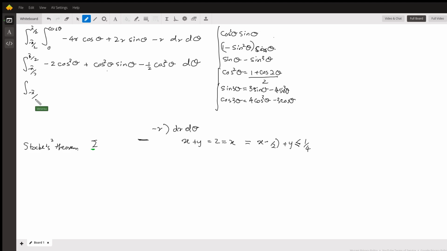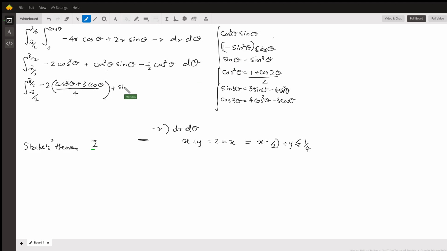So you just use these formulas here. Negative pi over 2 to pi over 2, negative 2 cosine cube theta is basically cosine 3 theta plus 3 cosine theta over 4. And over here you get sine theta minus sine cube theta.